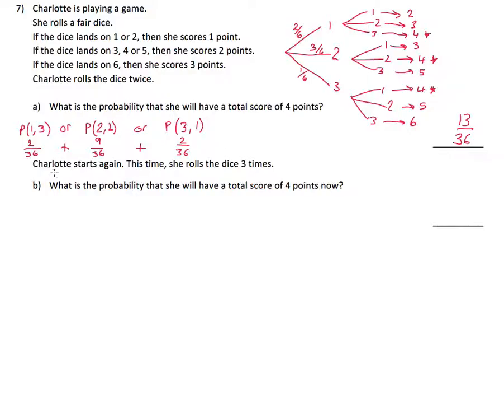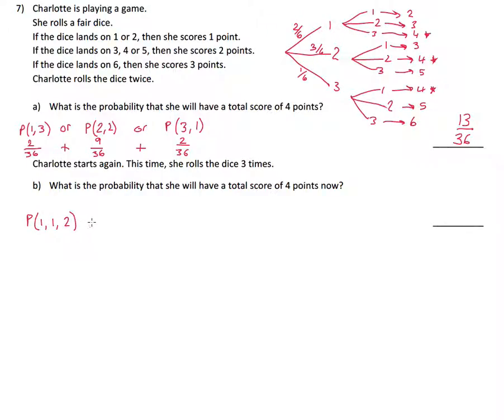On part B, we've got Charlotte starting again. This time she's rolling the dice 3 times, so as you know, this would be too big for a tree diagram, really. What is the probability she'll have a total score of 4 points now? If I think about the ways that she could get 4 points, we could have a 1, a 1, and a 2.